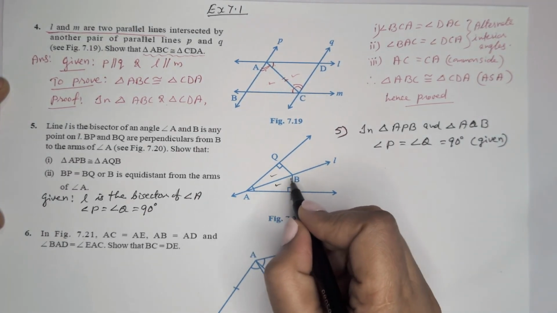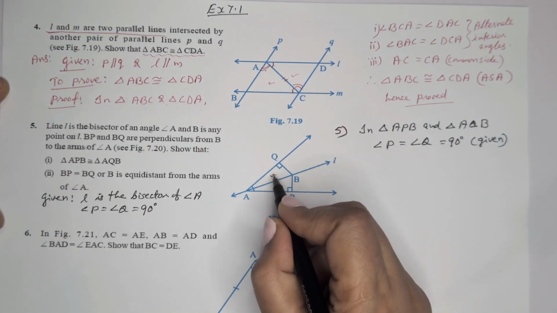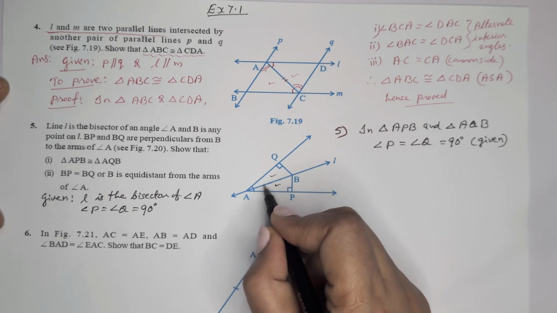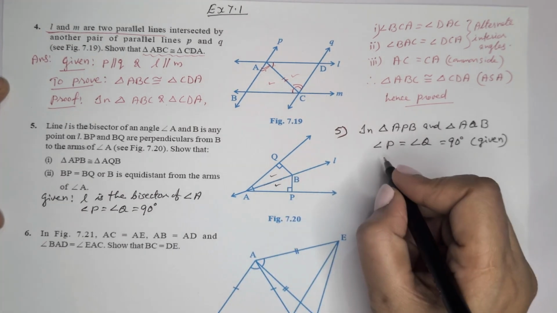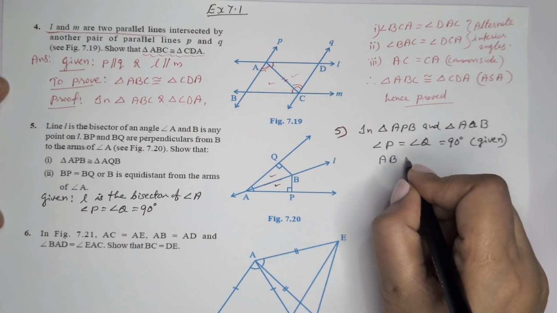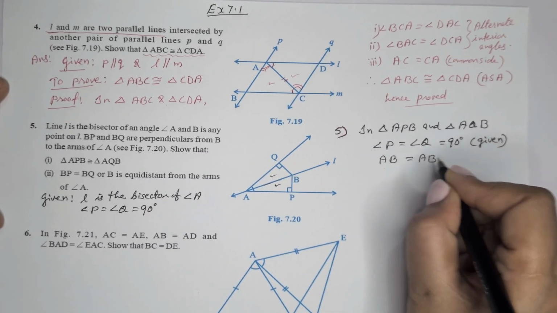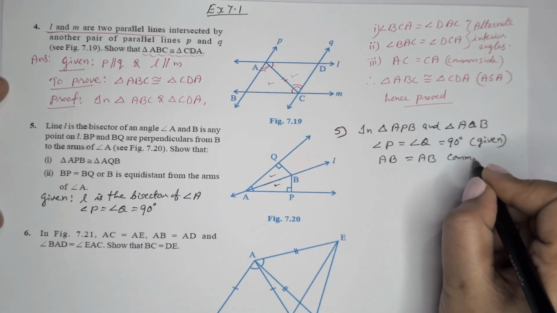Then AB is common to both the triangles. This line segment AB is common to both the triangles. So AB is equal to AB, that is the common side.